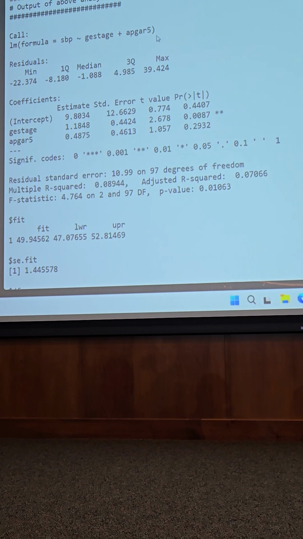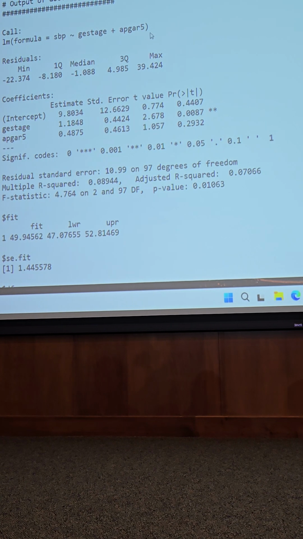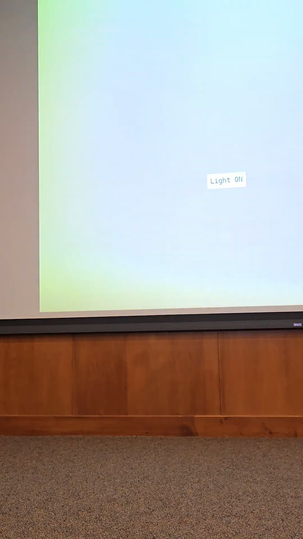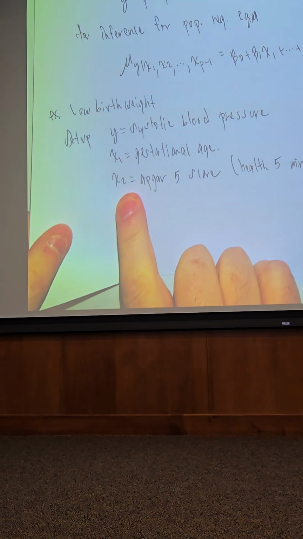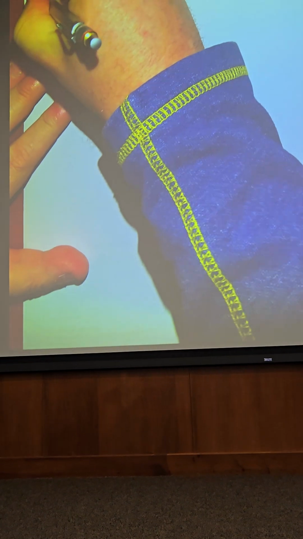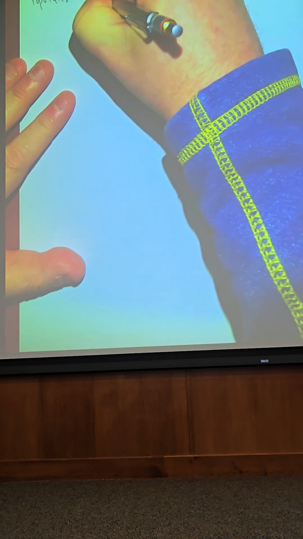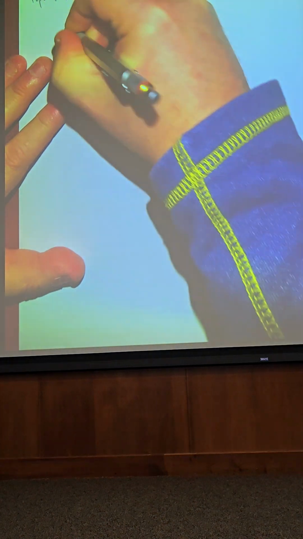So let's do the following. For the setup that we have, we just have 2 explanatory variables. And so our population regression equation is going to look as follows.